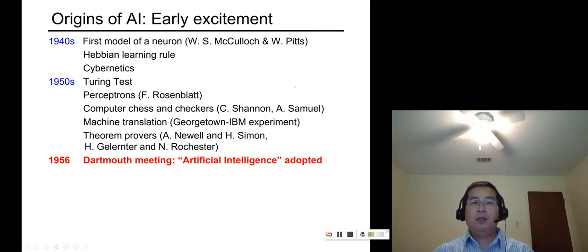In fact, the word AI, artificial intelligence, somebody thinks is not a good word. Artificial intelligence means you want to mimic or simulate human intelligence. That's why we call it artificial intelligence. So many people think maybe it's better to use machine intelligence.